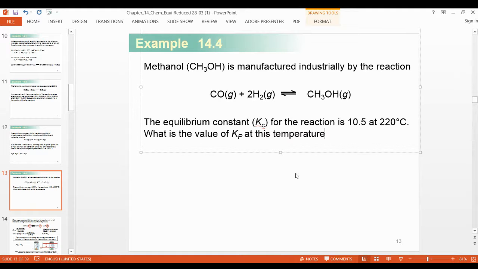Have to convert it to Kelvin, teacher. Okay, convert it to Kelvin, but what formula you will use? Kp, I think, equal Kc RT raised to power delta N. Yeah, you are right.